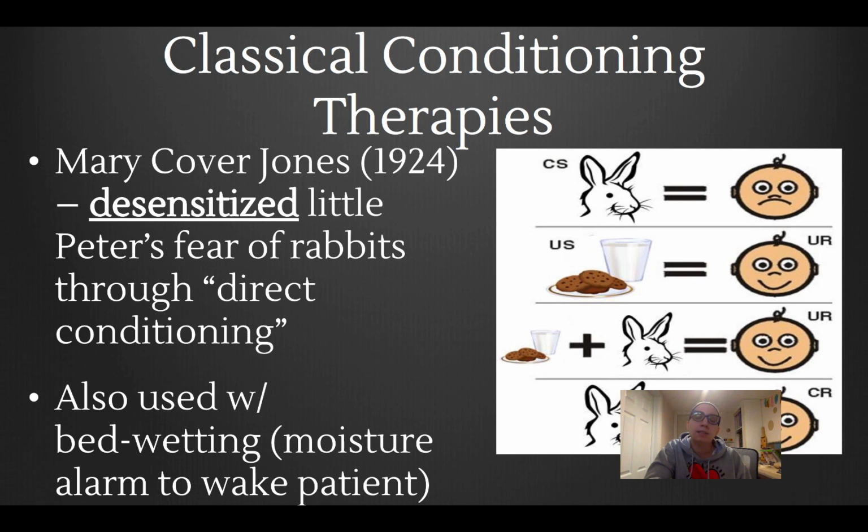Following John Watson's conditioning of a phobia in Little Albert, Mary Cover Jones decided to desensitize a fear that already existed in a little boy named Peter. By using direct conditioning, by pairing something that Peter was afraid of with something that he liked, she was able to condition that fear out of him so that he now associated the thing that he feared most with something that he liked.